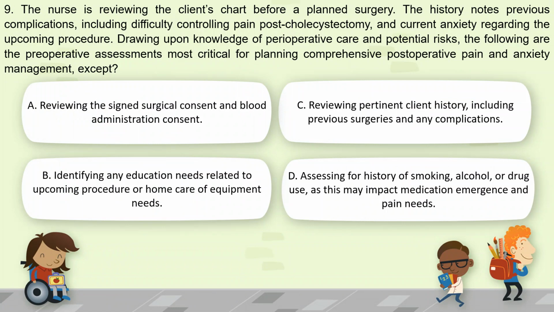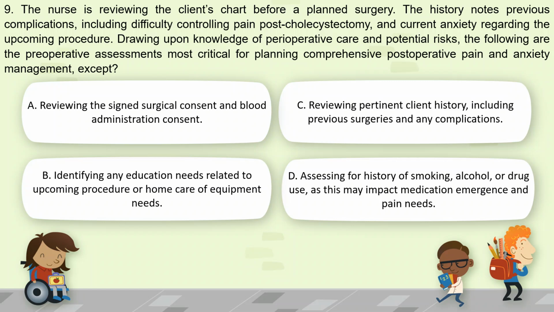Letter B, identifying any education needs related to upcoming procedure or home care of equipment needs. Letter C, reviewing pertinent client history, including previous surgeries and any complications. Letter D, assessing for history of smoking, alcohol, or drug use, as this may impact medication emergence and pain needs.